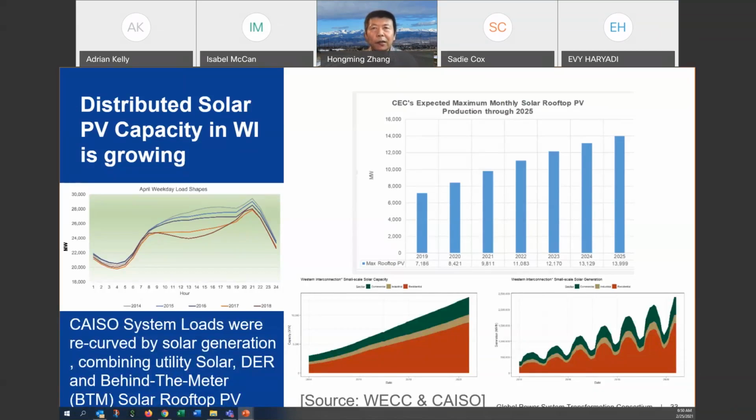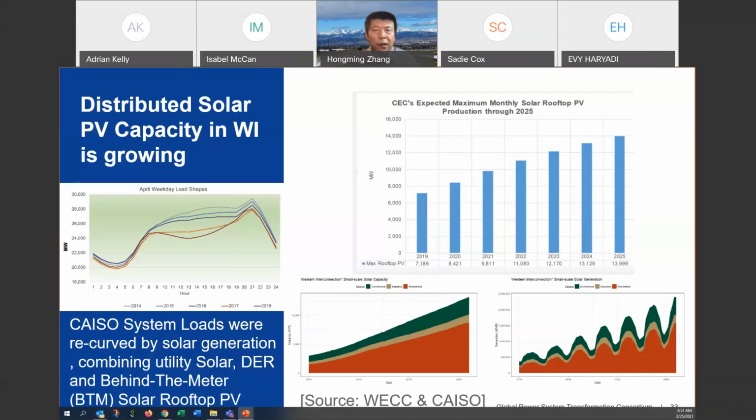This is a DER type of resource, and you can see the consistent increase. Based on the WECC report and the CAISO report, in the next 10 years those numbers could double. On the bottom, you can see right now on the DER side, residential type solar generation dominates the change.